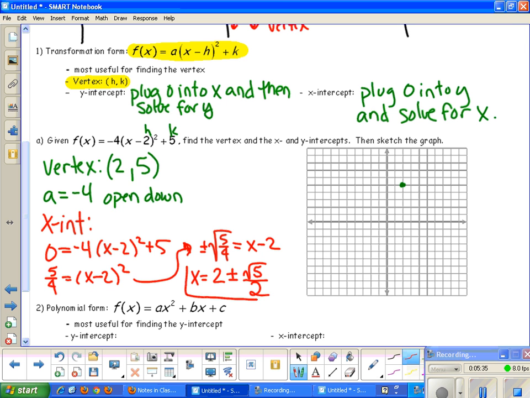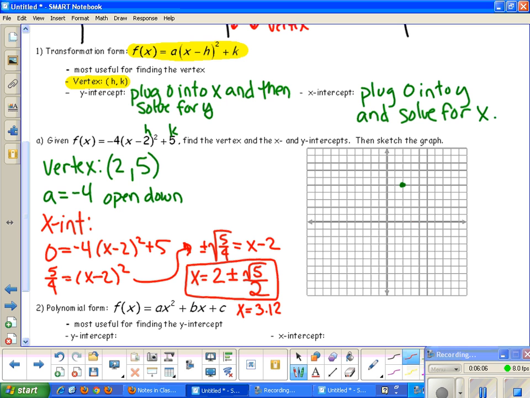So these would be my x-intercepts, and of course if I want to graph them, the easiest thing to do would be to just use your calculator to figure out what the value is equal to. So if I do 2 plus root 5 divided by 2, I get 3.1118, so 3.12.